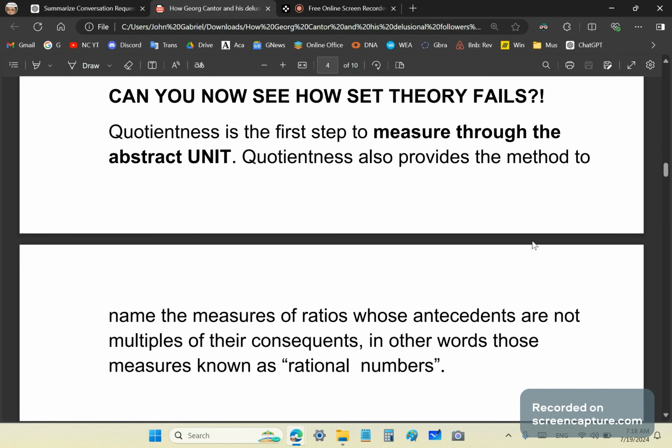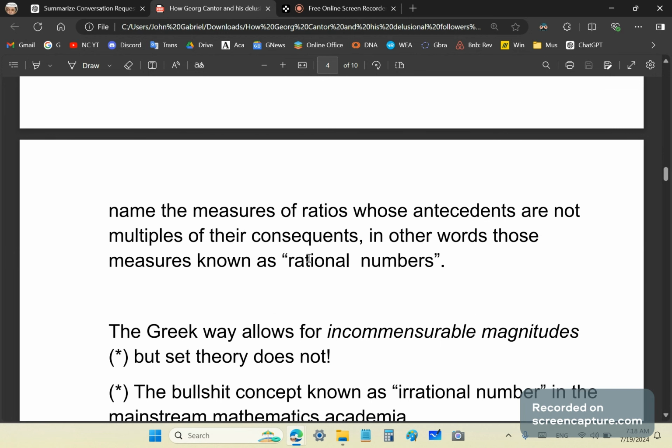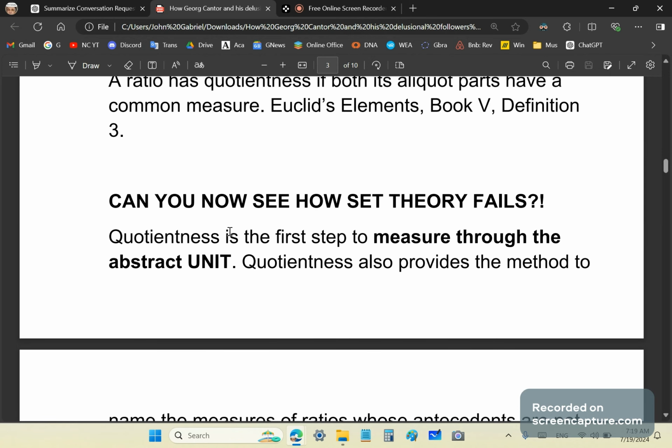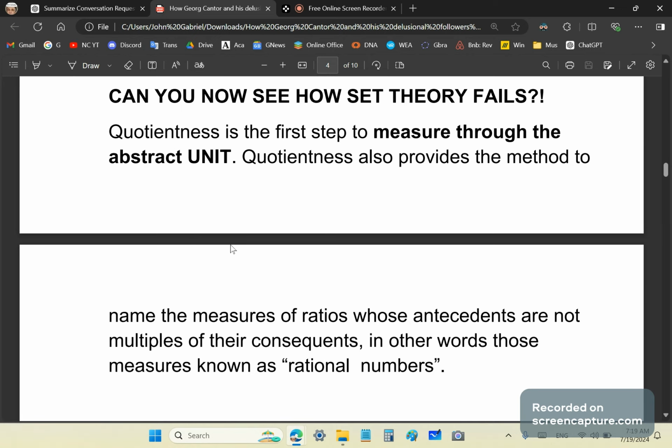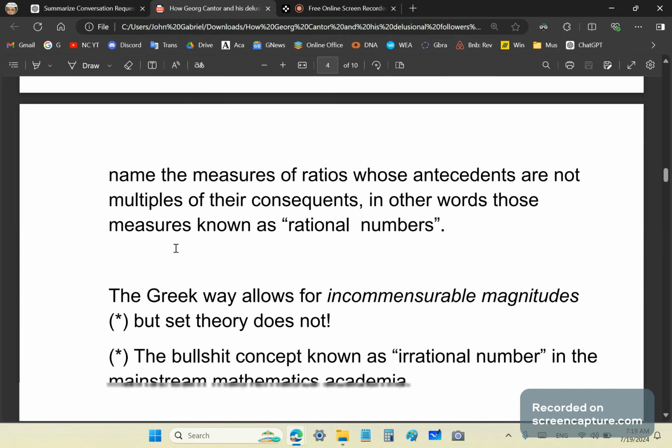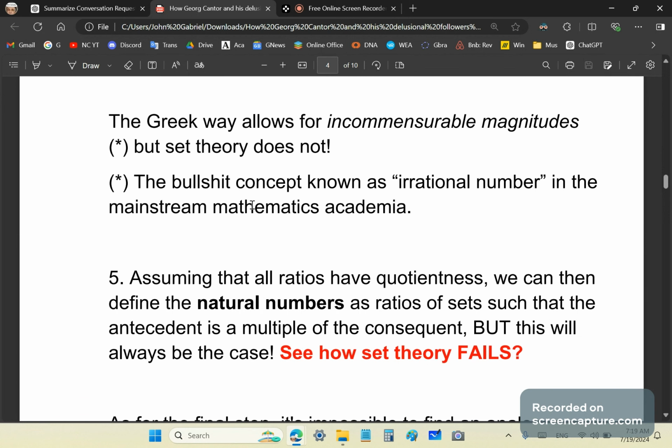So you cannot have something called an irrational number in set theory because any two sets are always commensurable through the basic element. So the ancient Greek way allows for incommensurable magnitudes, but set theory does not.